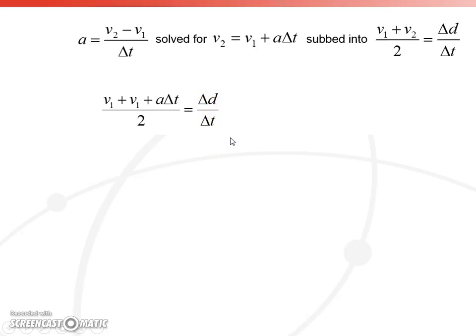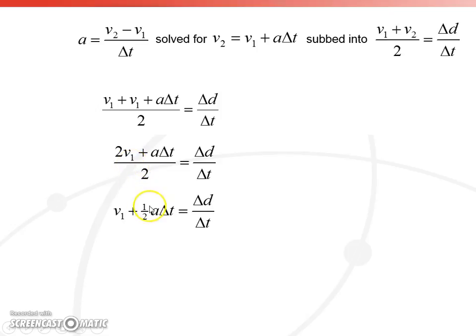And then from there, it's just simply a matter of manipulating the variables. So we group the v1s together. Then we carry the 2 up into the top. So this gives us v1 plus 1/2 a delta t.